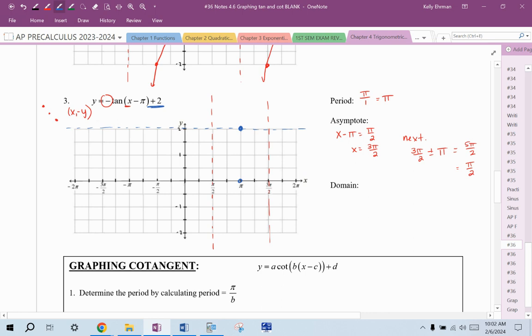The negative tangent graph would be at 1 on the left and -1 on the right. So those points go up 2 units. So this one would be at 3, and this one would be at 1. So we've got that. You don't have to draw these little ghost points if you don't want to, but that might help. Or you can draw a midline like we did for sine and cosine.